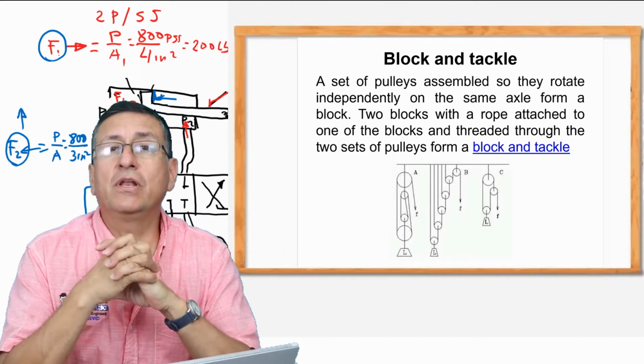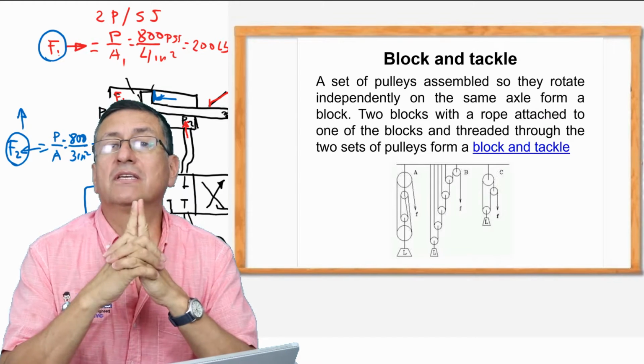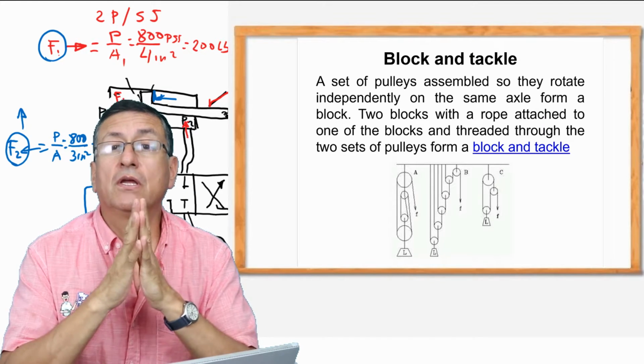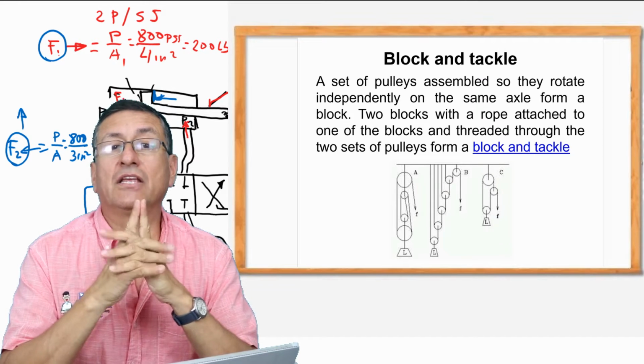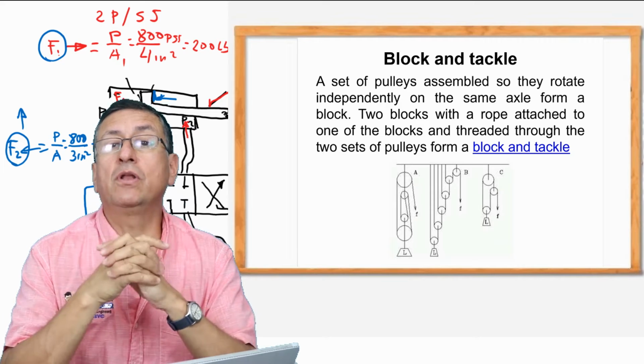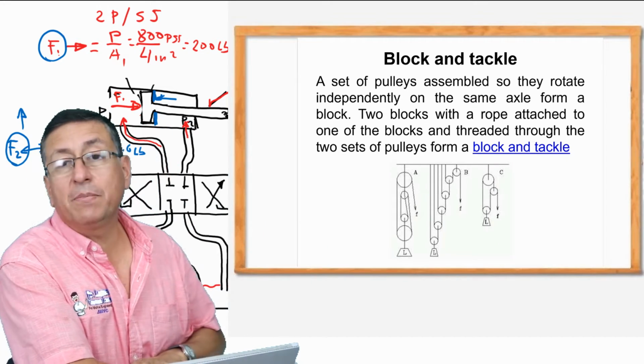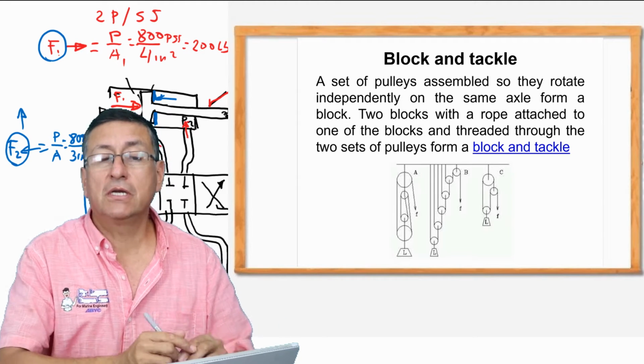A set of pulleys assembled so they rotate independently on the same axle form the block. Two blocks with a rope attached to one of the blocks and threaded through the two sets of pulleys form a block and tackle. Like this, those are typical blocks and tackles.